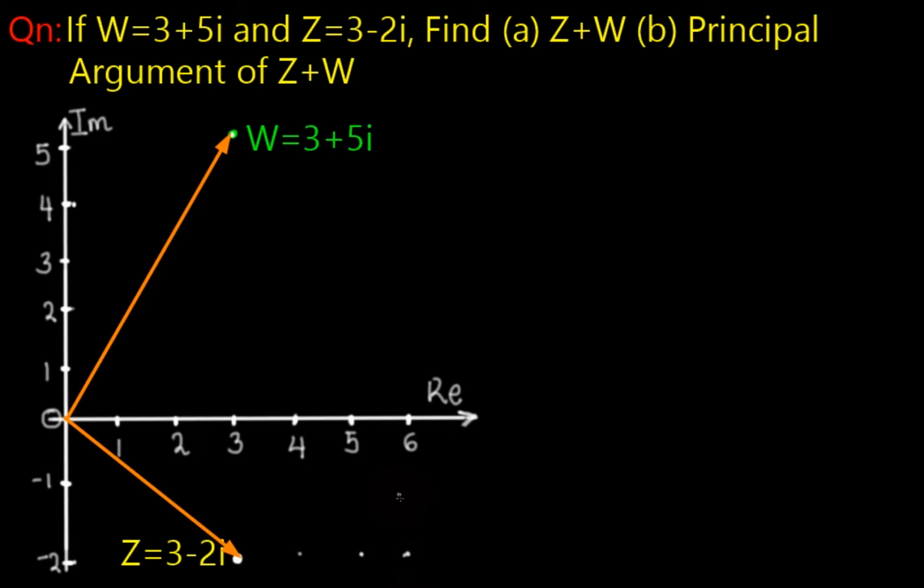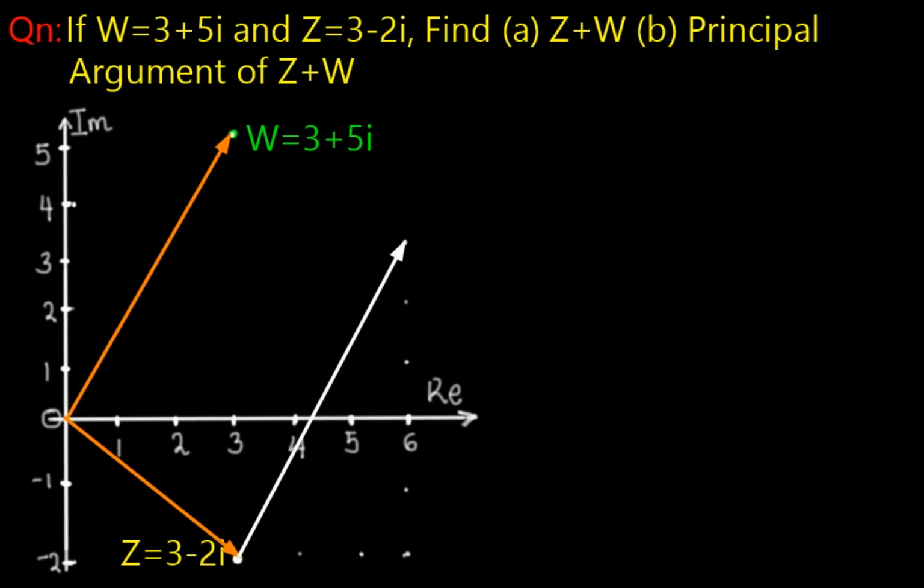From there, we move 5 units upwards, which is 1, 2, 3, 4, and then 5. We need to draw an arrow connecting the first dot and the last dot, and it is very clear that this arrow is parallel to this arrow.